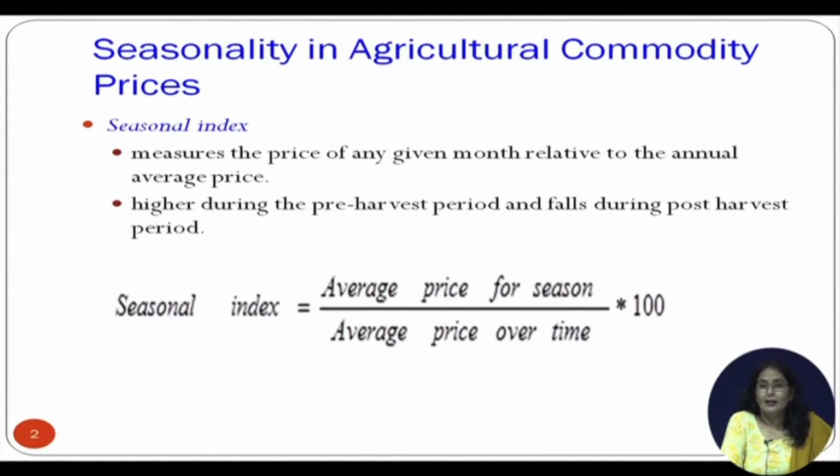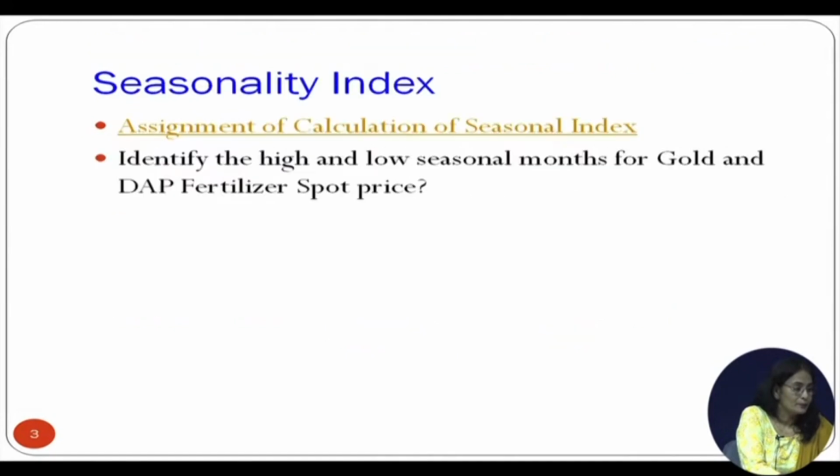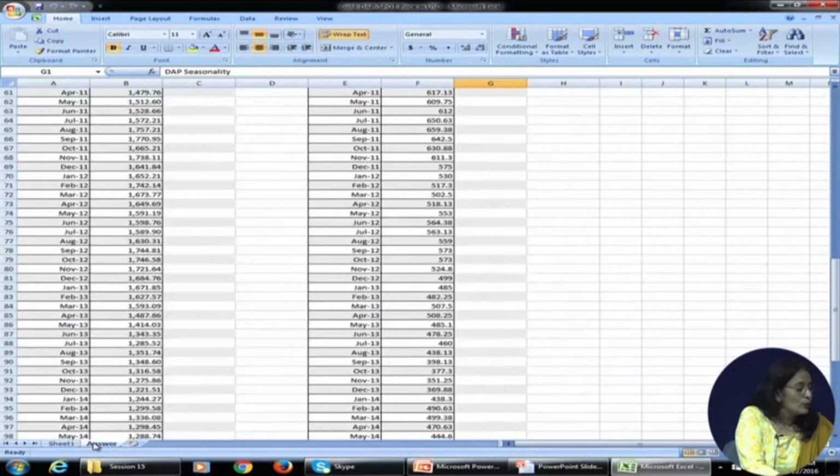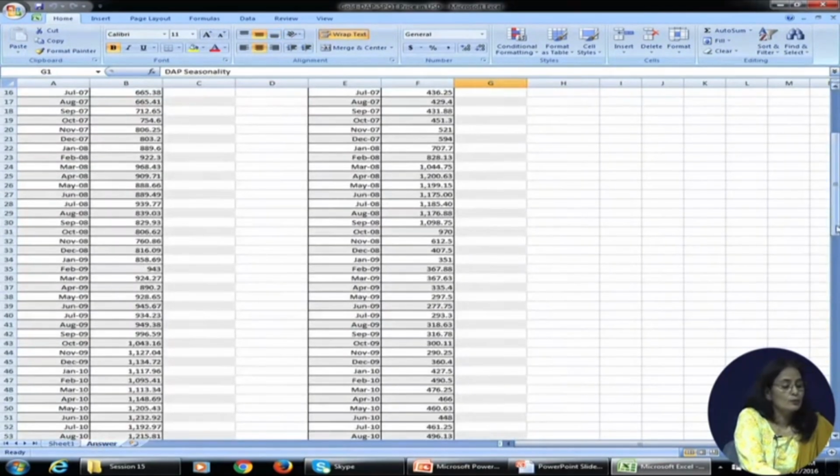Nevertheless, let me show you the answer to this particular question, or which months have higher seasonality and lower seasonality between these two commodities. Let me take you through. So this is the answer.